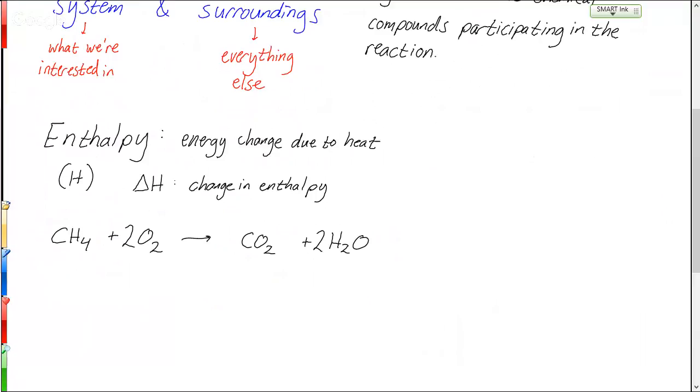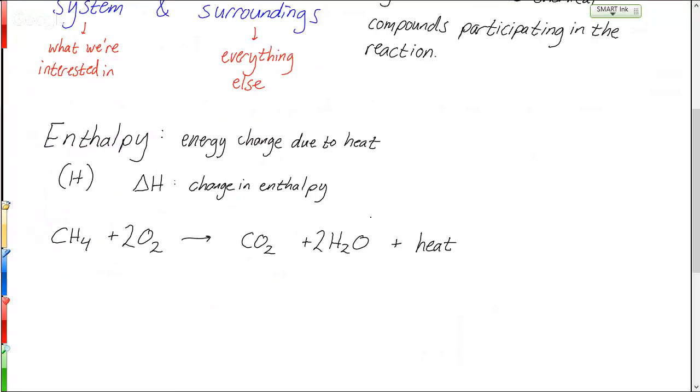Kind of. It's not exactly reactants to products. It's from the system to the surroundings. Another way we could write this reaction is actually putting the heat in as a product. The energy is transferred from the potential energy of the C-H and O=O bonds on the left and is turned into heat, which makes it hot.